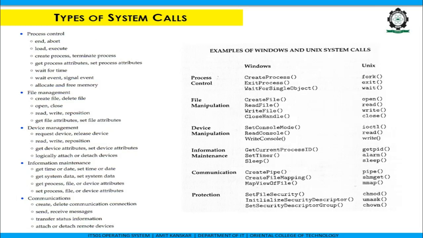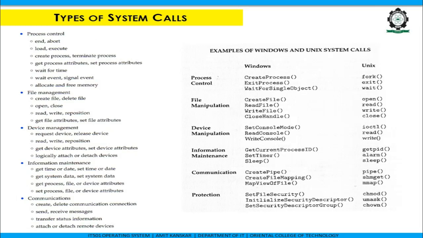Under communications: create, delete communication connection, send, receive messages, transfer status information, attach or detach remote devices. Under protection: set file security, initialize security descriptor, set security descriptor group. These are some of the subsections available in the protection category.